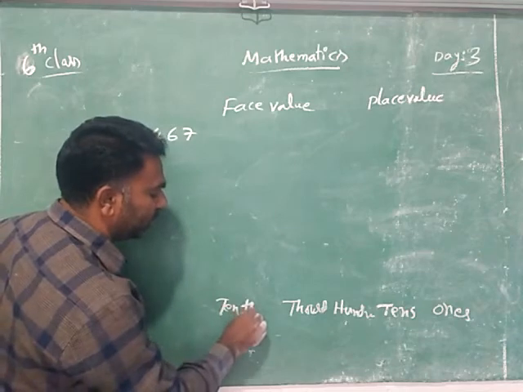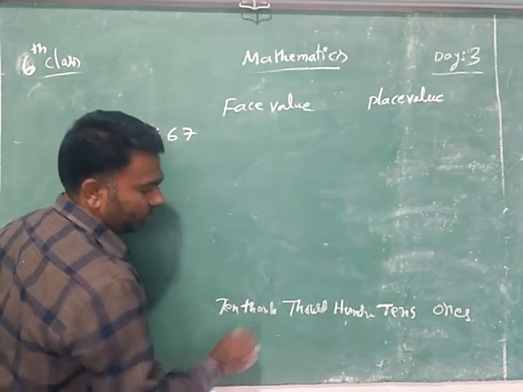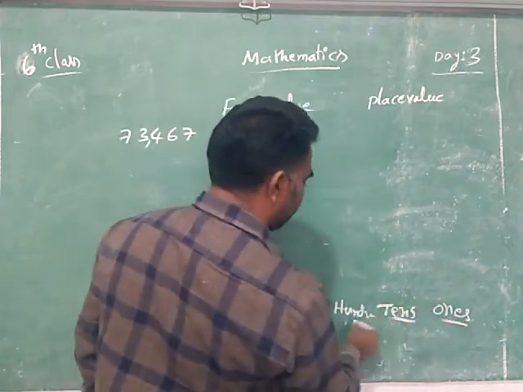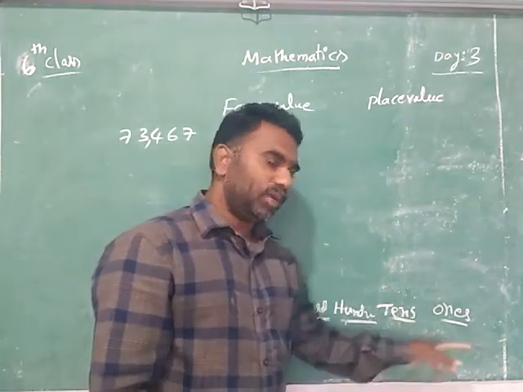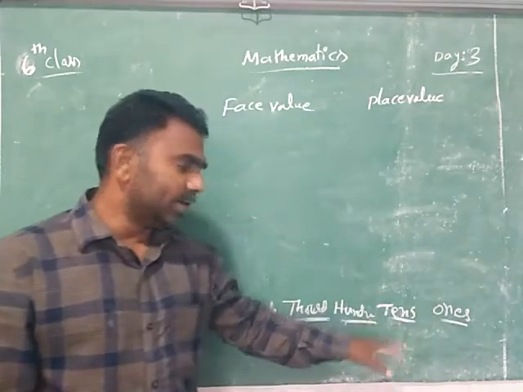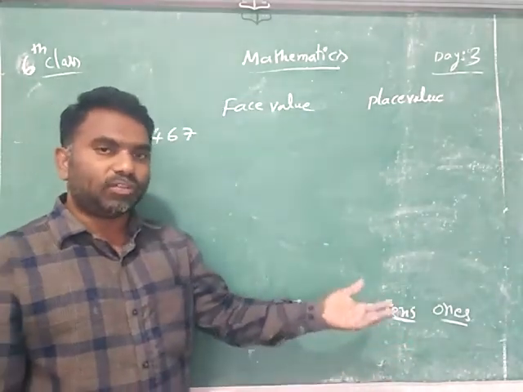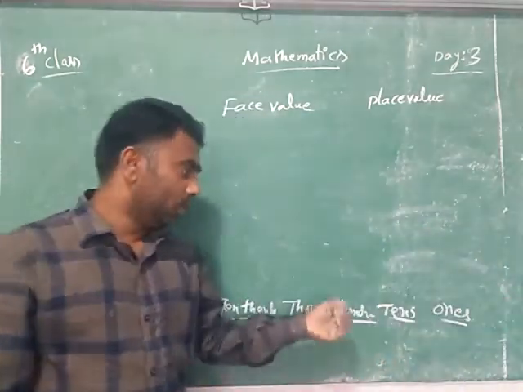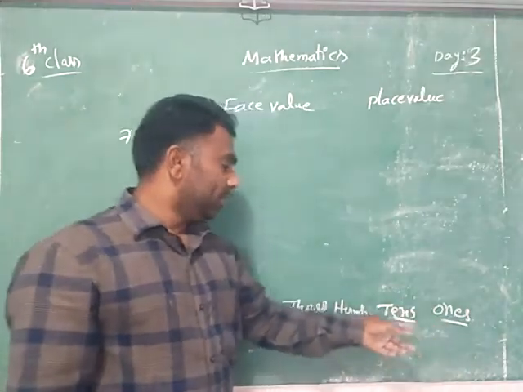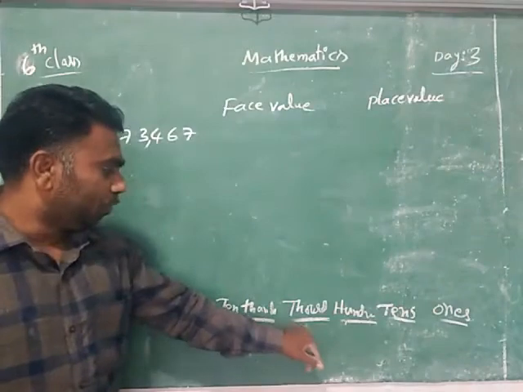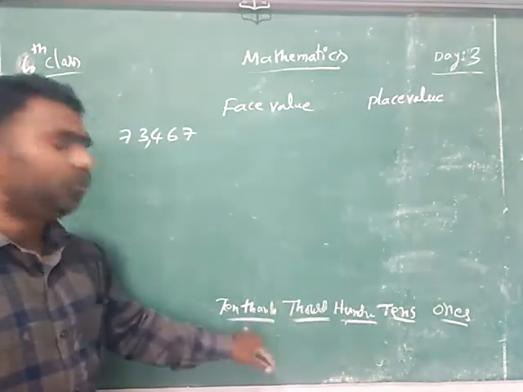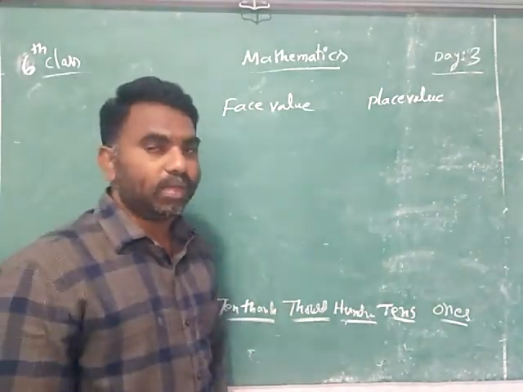These are the places we have learnt in 5th class. For 5 digits: first digit ones place, second digit tens place, third digit hundreds place, fourth digit thousands place, fifth digit 10,000s place, counting from the right hand side.